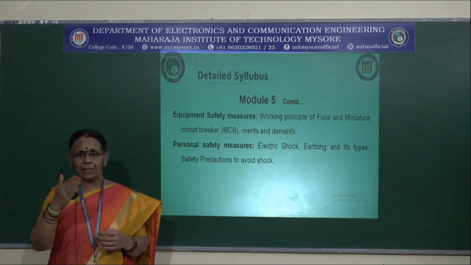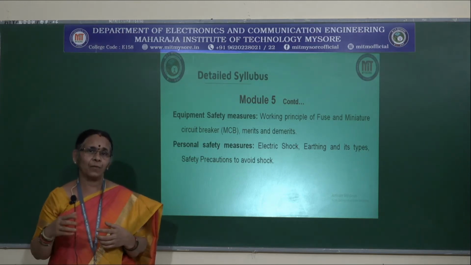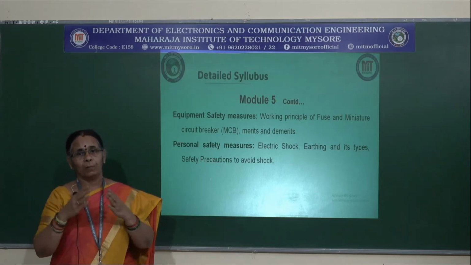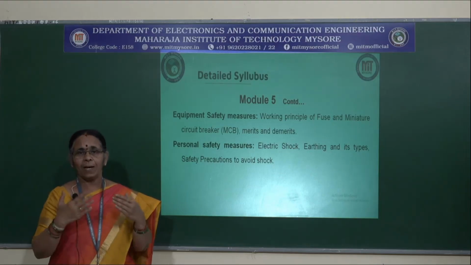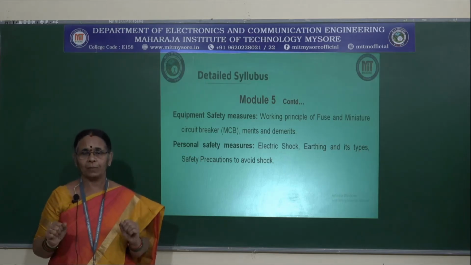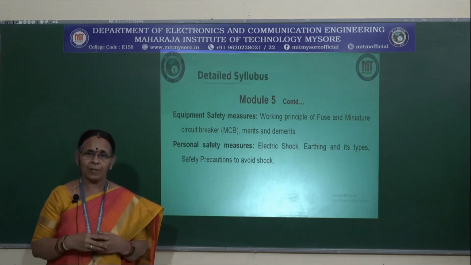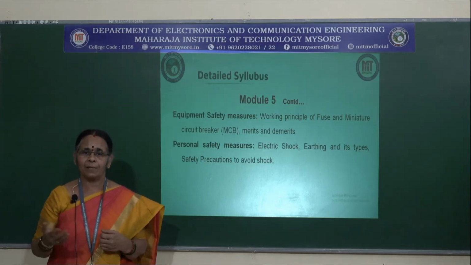Then you also have to know, when you are dealing with electricity, you have to be very careful. Both the human being as well as the equipment connected to electricity should be protected. That we are going to study under equipment safety measures and personal safety measures.